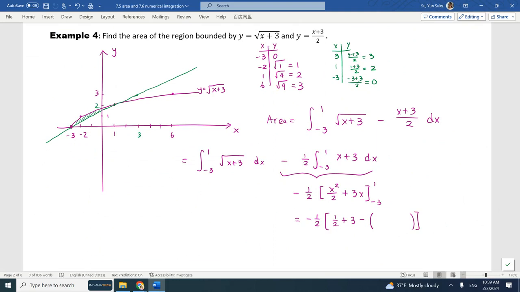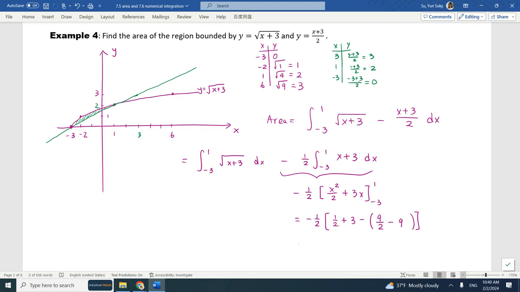What is -3 squared? 9. Good, the minus squared becomes positive. So 9 over 2. And then what is 3 times -3? -9. Yes, so -9 right here.